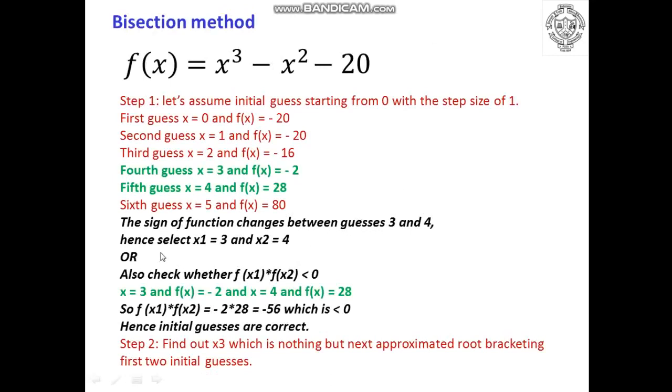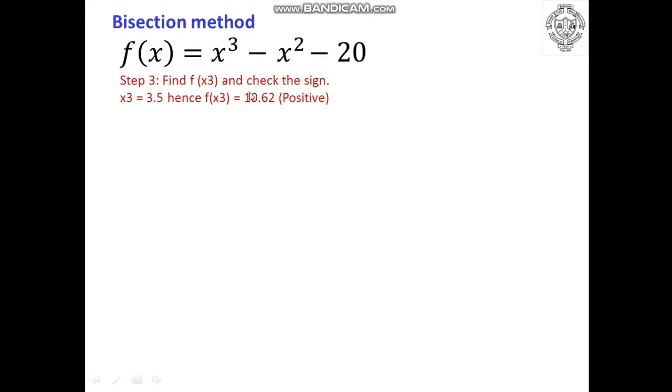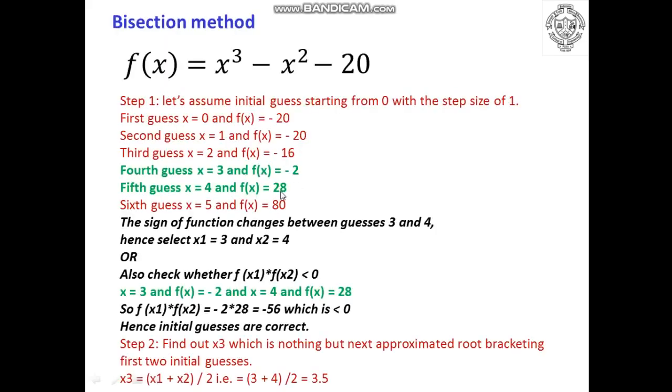Now if you compare it with f of x1 and f of x2 by taking the multiplication, if you multiply f of x3 with f of x2, where we considered x2 as 4, which is 28, then multiplying this 10 with this 28 will violate this condition, because the product is greater than 0.